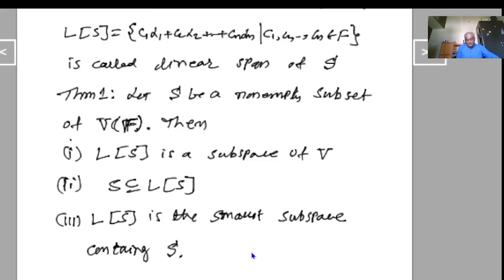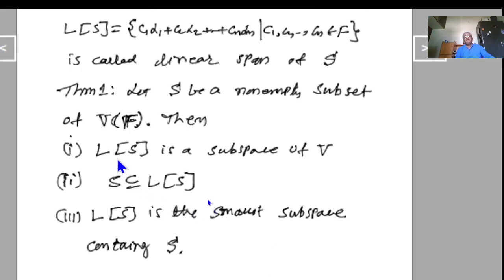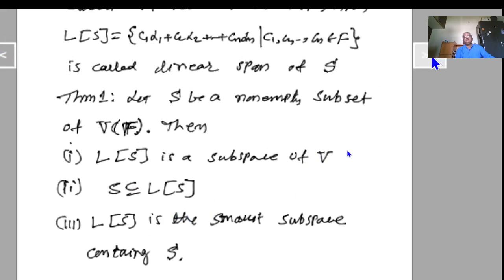So these are the three results we have to prove. So we prove one by one. First one, L of S is a subspace of V.